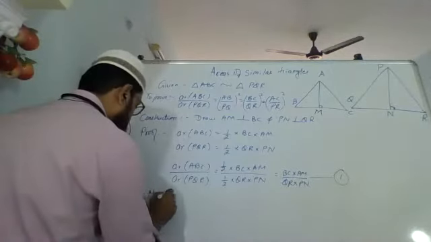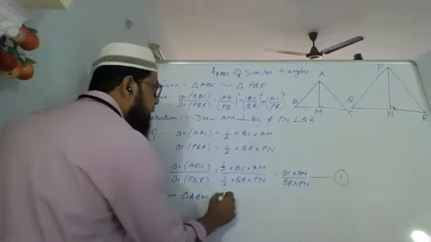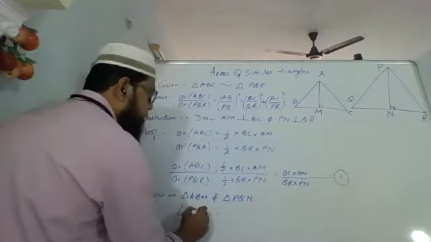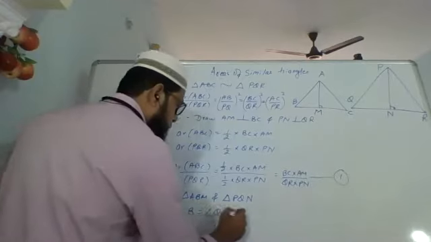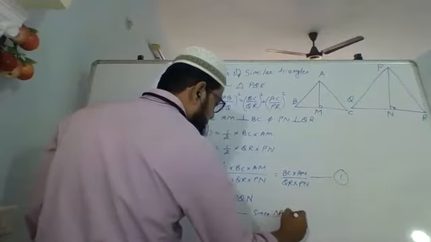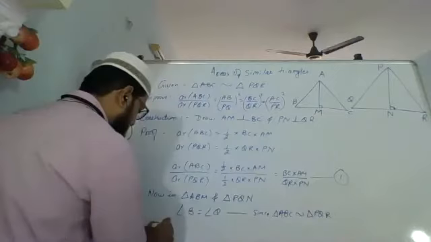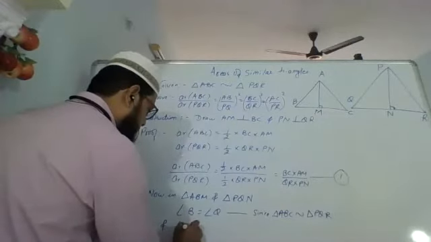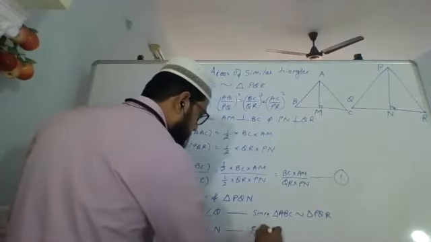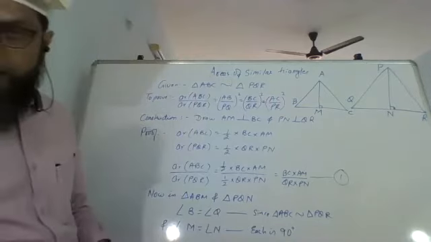Now, in triangle ABM and triangle PQN, angle B is equal to angle Q. Reason: triangle ABC is similar to triangle PQR, that is given to us. And angle M is equal to angle N. Reason: each is 90 degrees by construction.